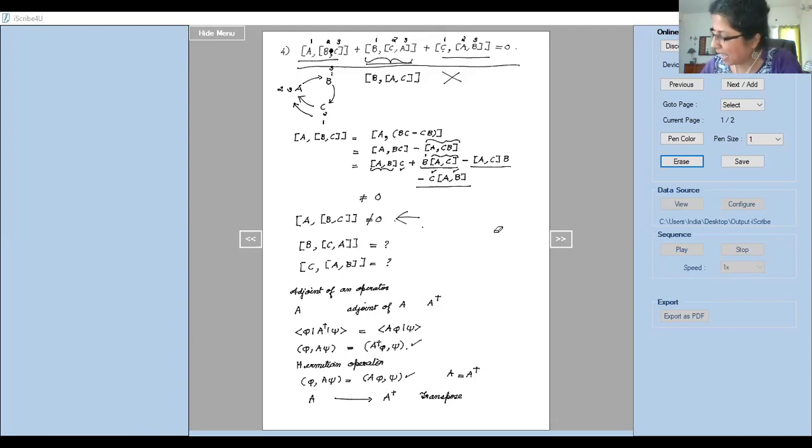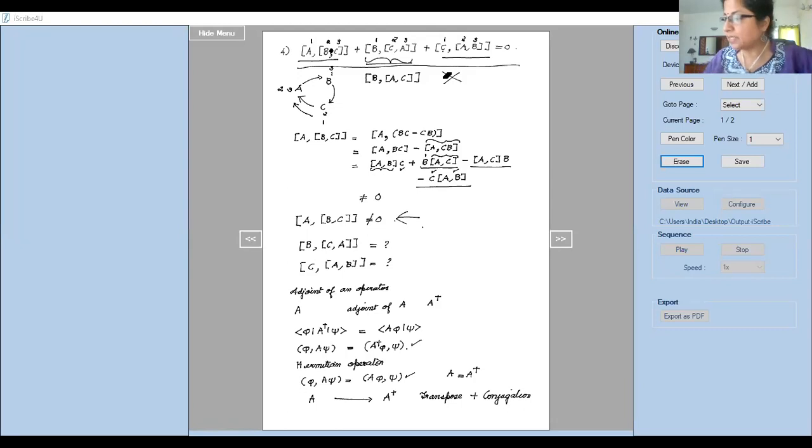And you do a conjugation. What do you mean by a conjugation? You replace each and every element by its complex conjugate. So if an element is a plus ib, you replace it with a minus ib. So that is how you do it. So this is an adjoint operation.